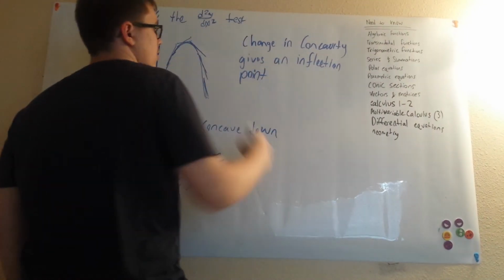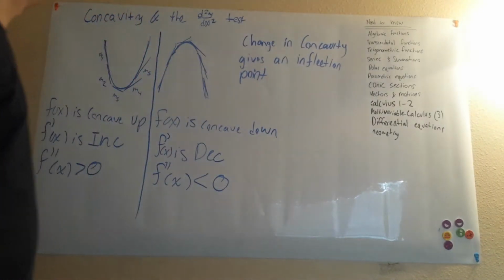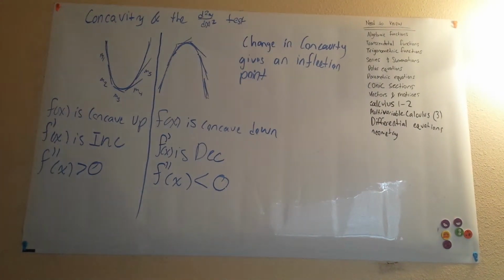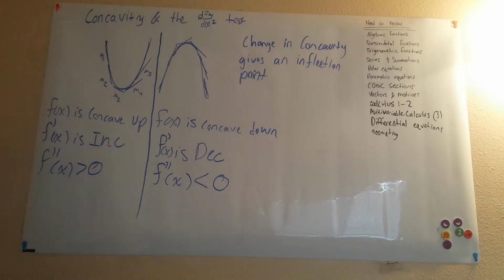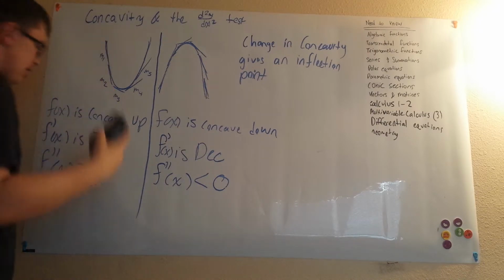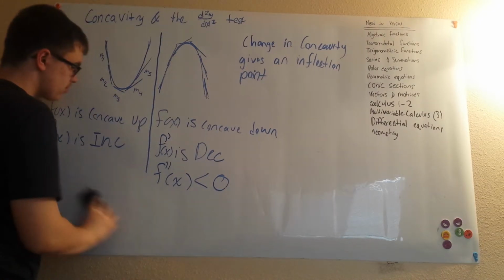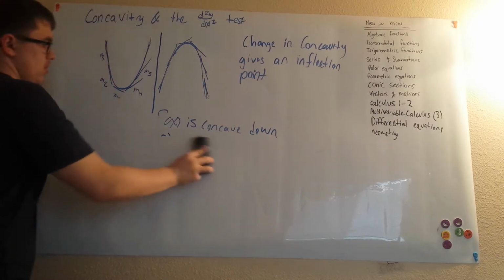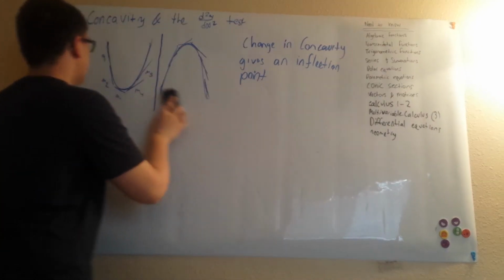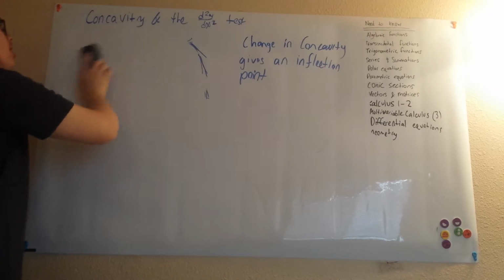A point of inflection is what happens if you have a change in concavity. Hope you got this down.